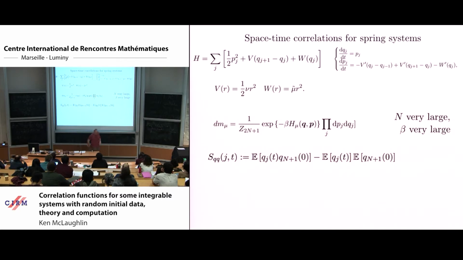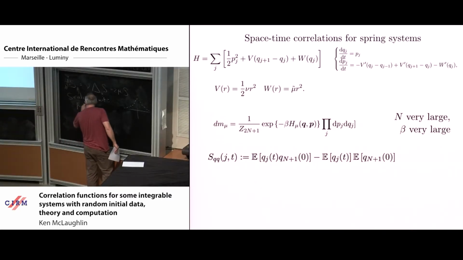It's the coefficient of the r squared. The parameter mu is going to go to 0. And the temperature, beta, is going to go to infinity, okay? So that beta times root mu converges to some number eta, which is non-zero.